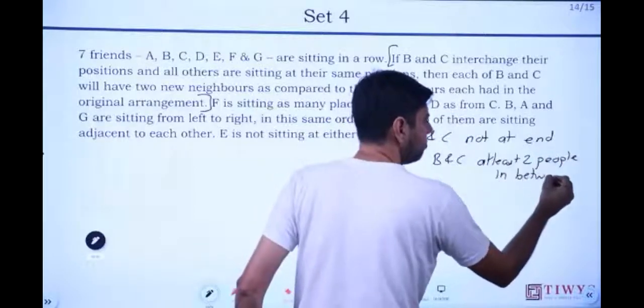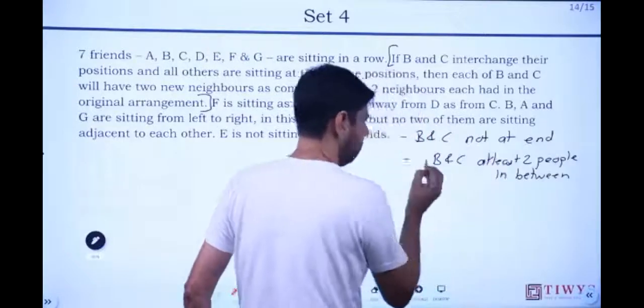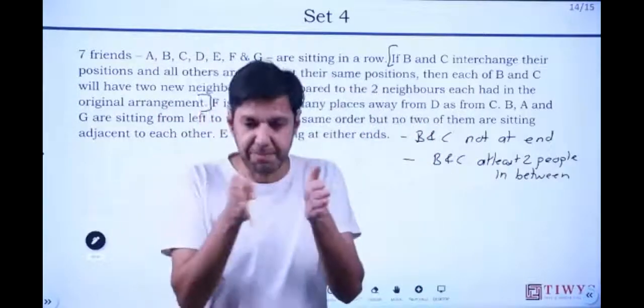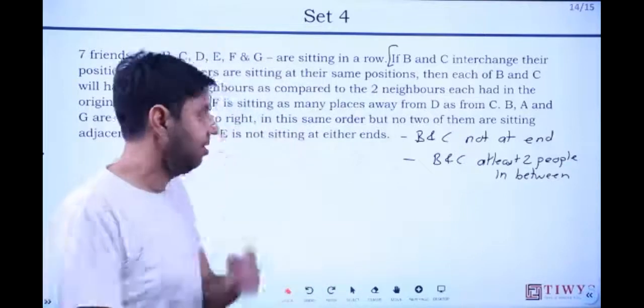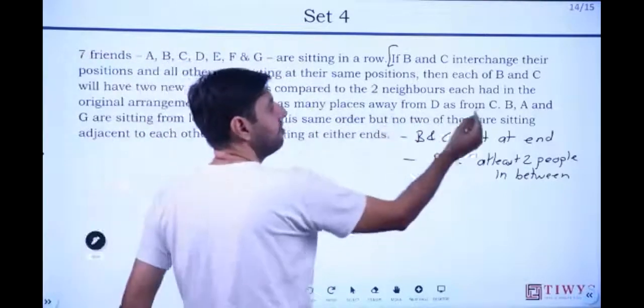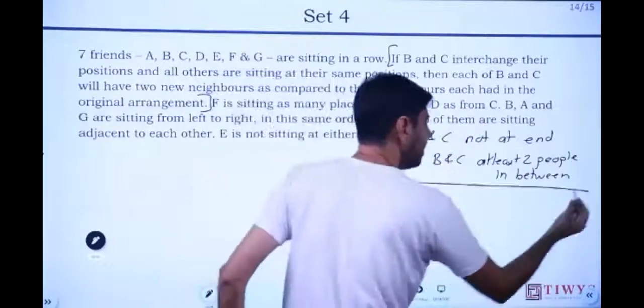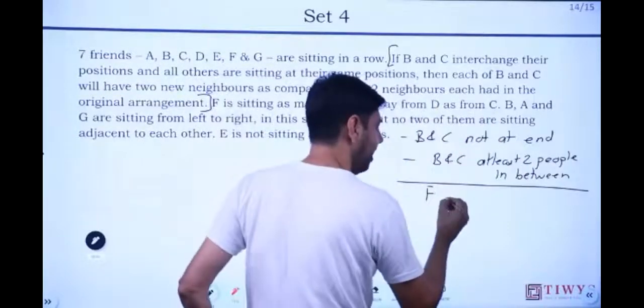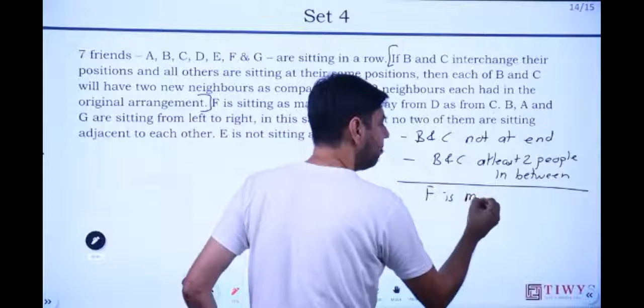Obviously, you can't have just one person in between. I've explained that, so I'll not go there. Then F is sitting as many places away from D as from C. That's a nice thing, that F is midway. F is midway between D and C.